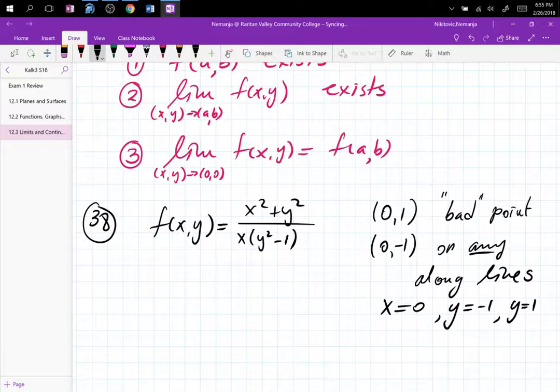So for continuity, you have the same rules. And then the global continuity is going to be the same as in Calculus 1. If the function is continuous at every point, it's globally continuous in the entire region R. There are infinitely many points, so you've got to check each one of them, which is very inefficient.